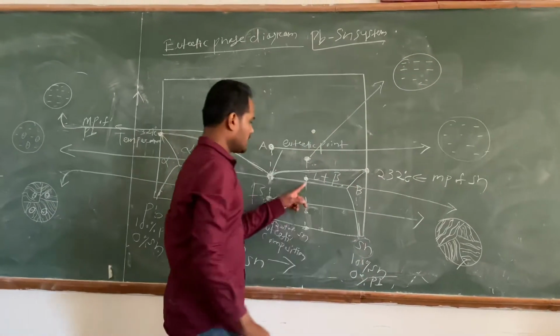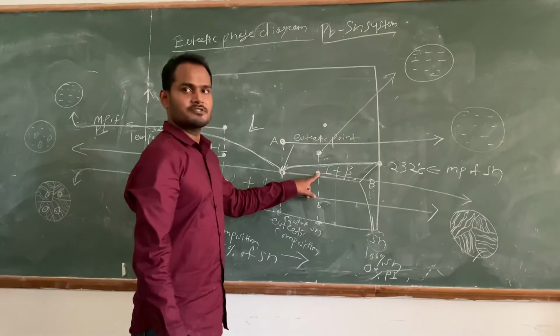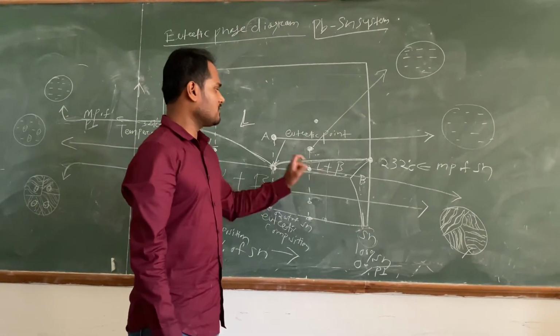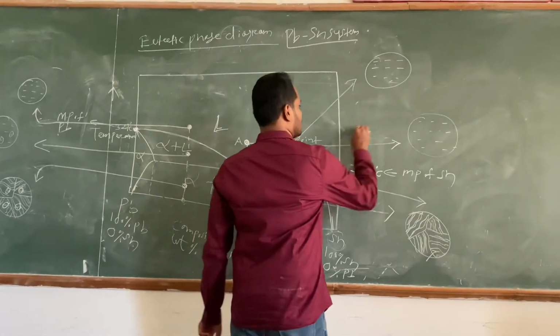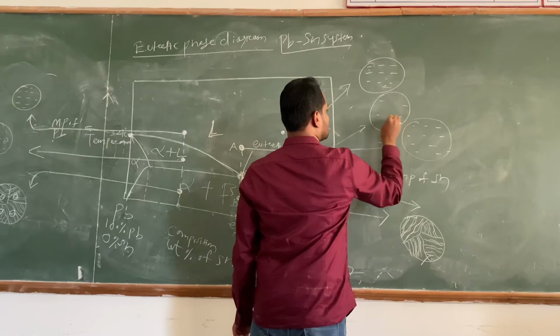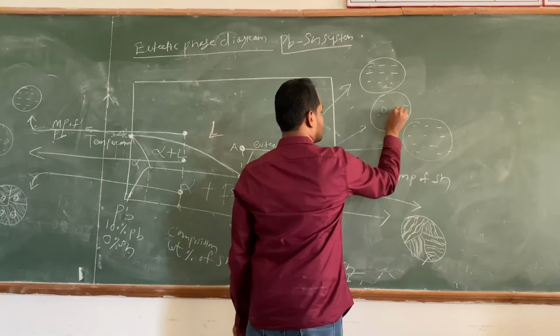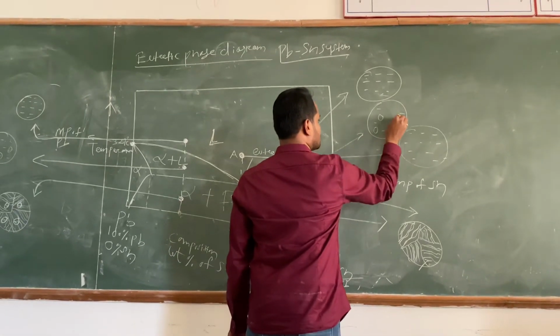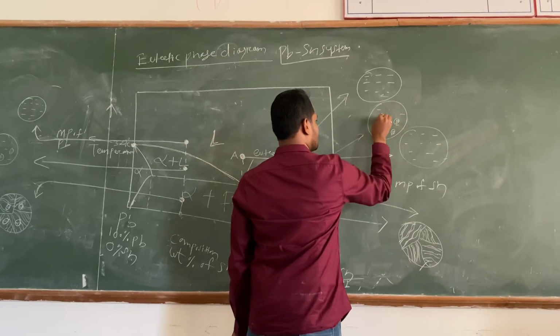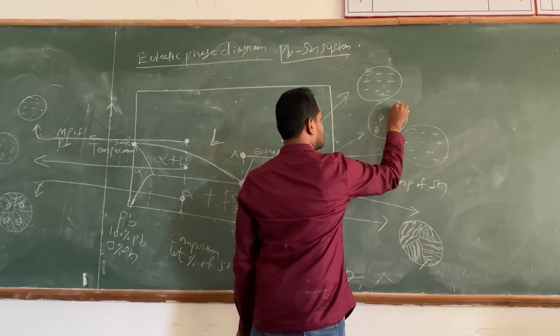Right? Then at this point, this is the two-phase region, liquid and beta. So some beta will nucleate inside the liquid. I have liquid and some beta phases here. This is beta, and this is the liquid.